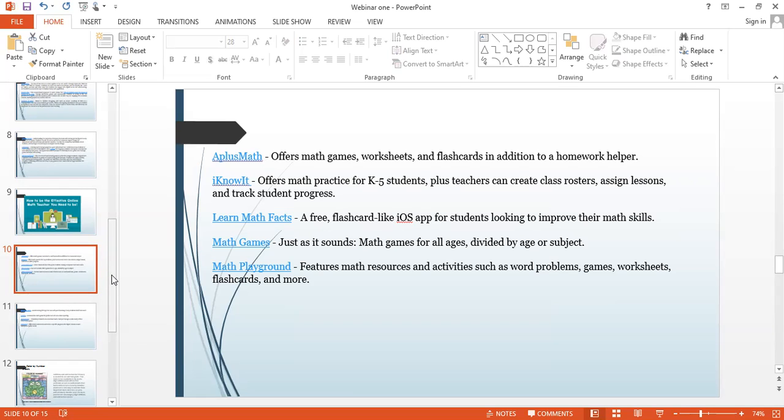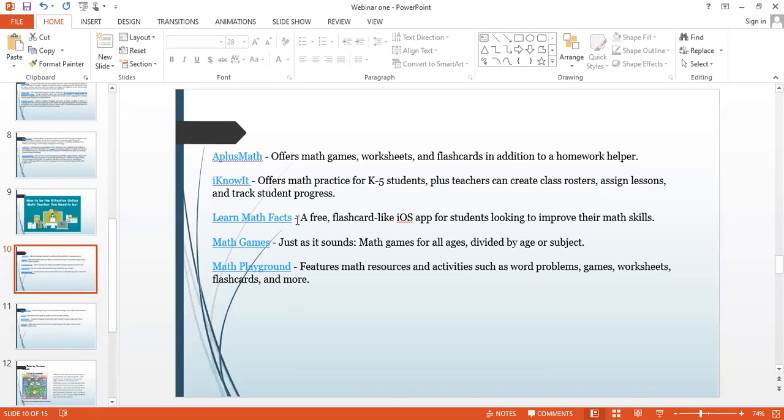So the first one in the list is Applause Math. It offers math games, worksheets, flashcards in addition to a homework helper. Next is I Know It. This offers math practice for K5 students, plus teachers can create class rosters, assign lessons and track student progress.